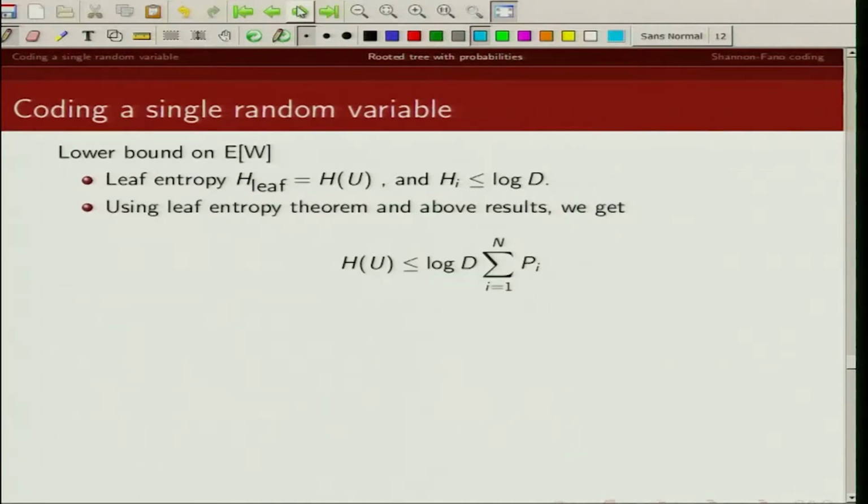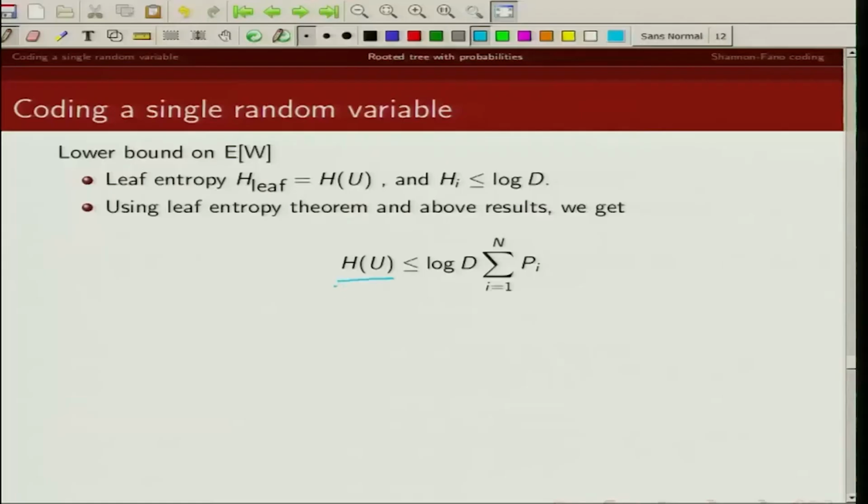So then, invoking the leaf entropy theorem, which says that leaf entropy is equal to summation of Pi Hi, where the summation is taken over all the nodes including the root node. So this is our leaf entropy, right?